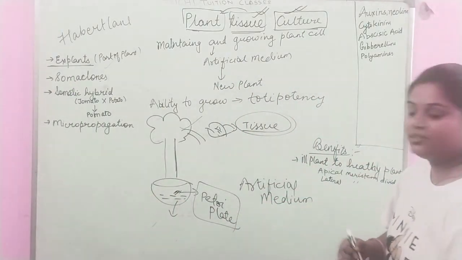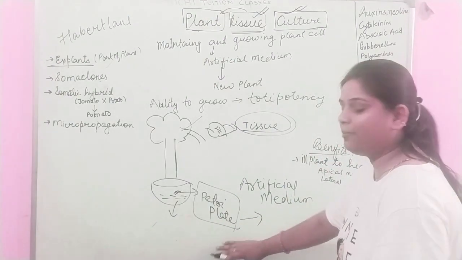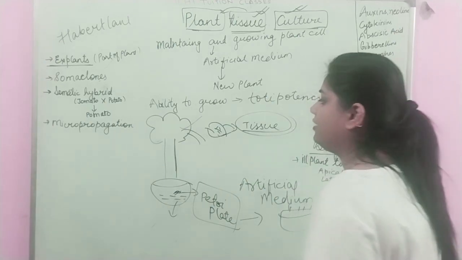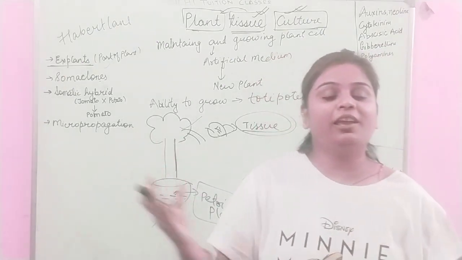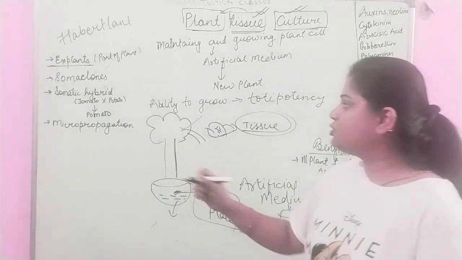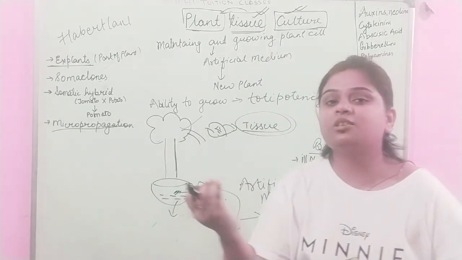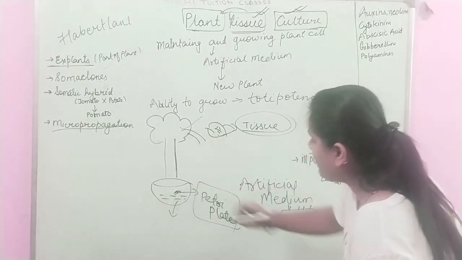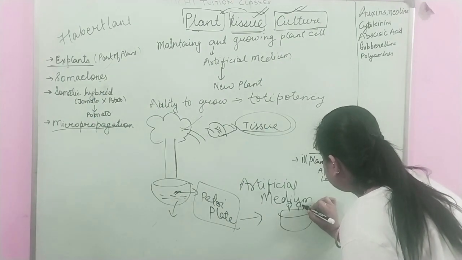This explant, after growing in artificial medium, grows into a number of plants, and this growing of small plants in large numbers is called micropropagation. Micropropagation means small-scale production of new plants from these small explants in this medium.